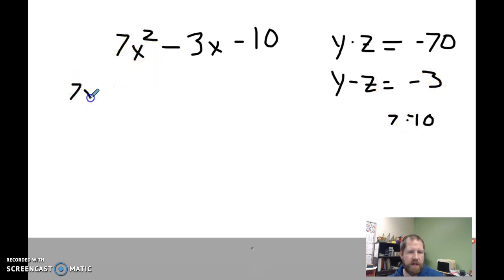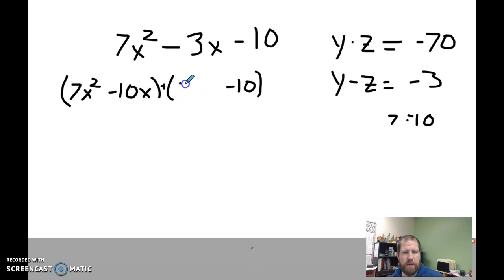So I've got my 7x squared, and I've got my minus 10. I'm drawing my binomials. Okay, so figuring out which goes where, I want to have a negative in this binomial, so this is going to be a negative 10x, and this is going to be a positive 7x.